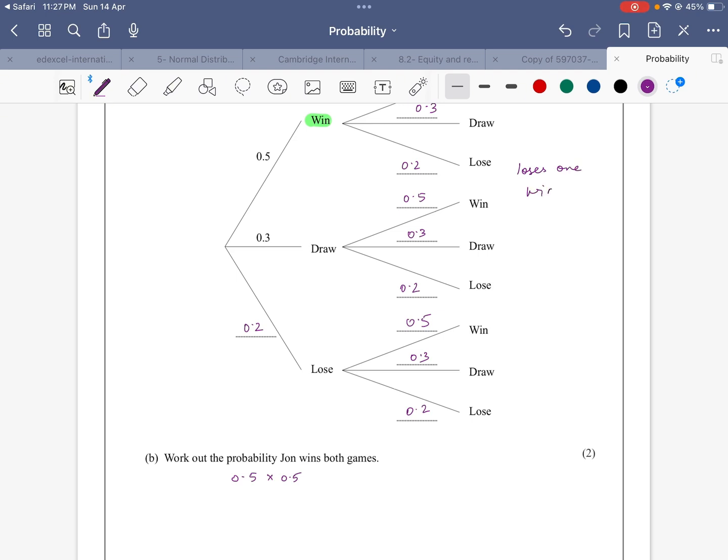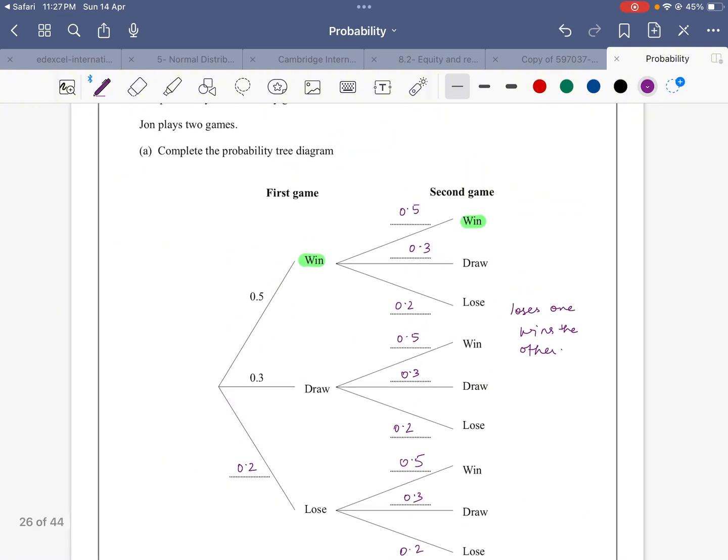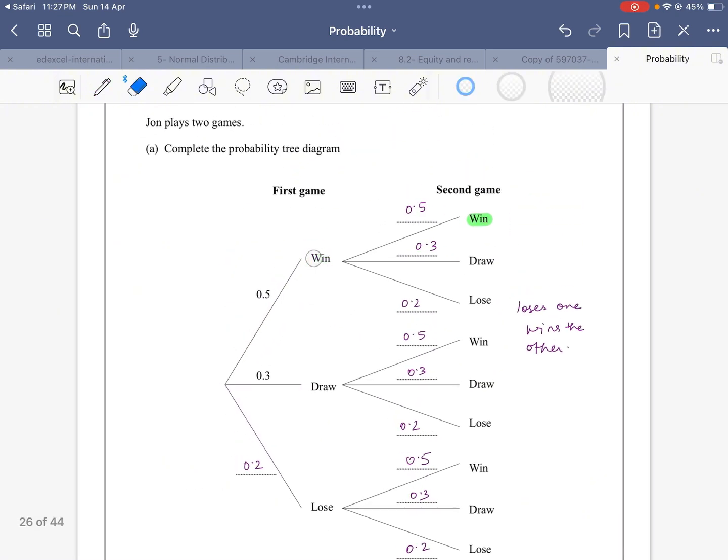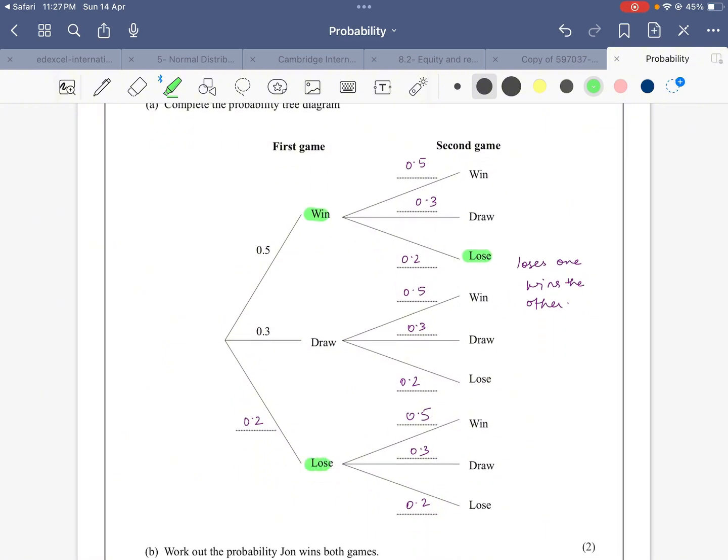If they say probability that John loses one game, wins the other, there are a few options here. Either he wins the first one, loses the second one, or he loses the first one and wins the second one.